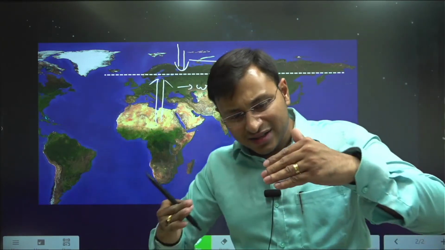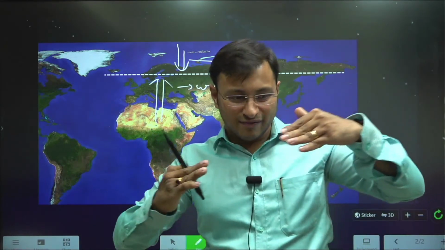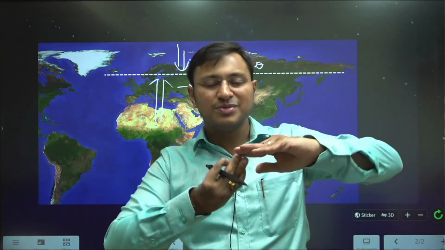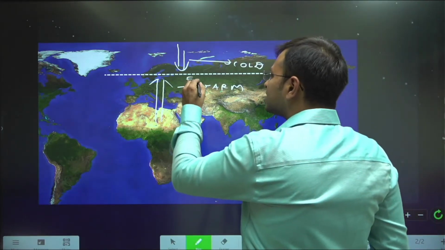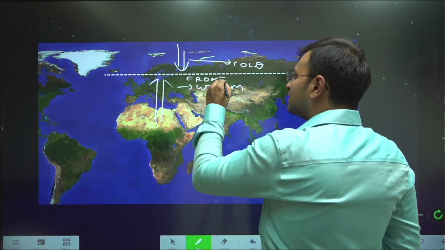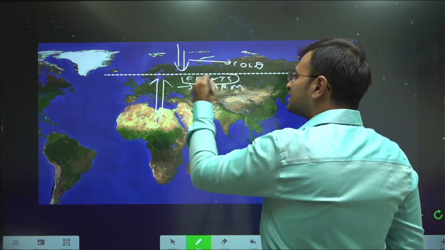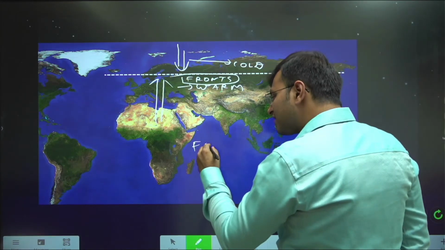Where these two different types of air masses meet, there you have a phenomenon called fronts. What are fronts, guys?